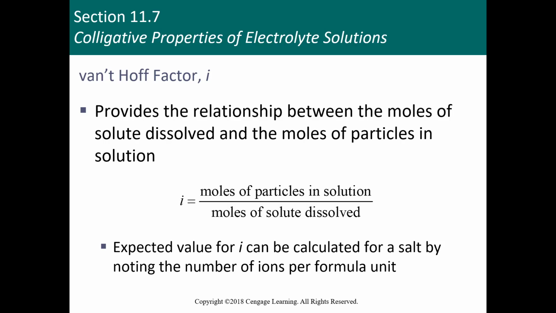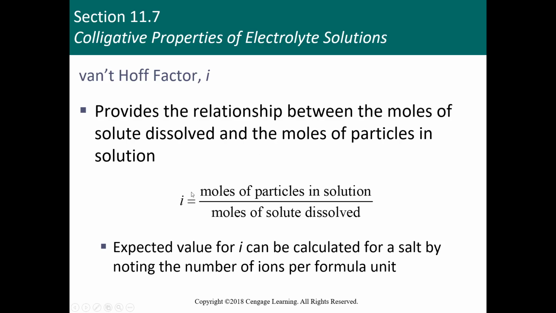Alright, so I've mentioned numerous times that certain compounds like salt, NaCl, provide you more than one particle for every formula unit. And so this is actually what's referred to as the Van't Hoff factor, i. This is going to provide your relationship between the moles of your solute that are dissolved and the moles of the particles in solution.